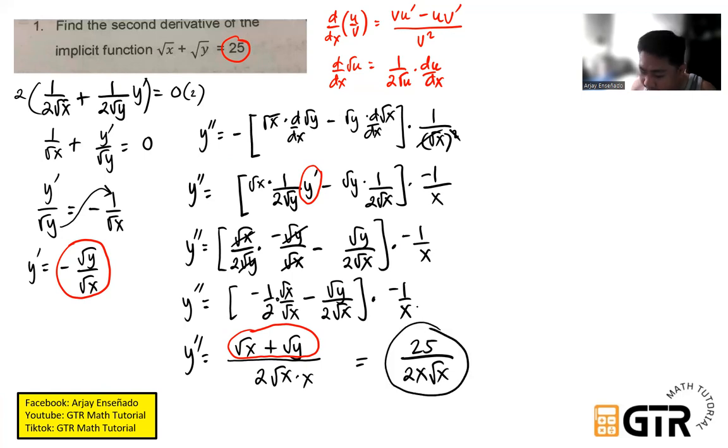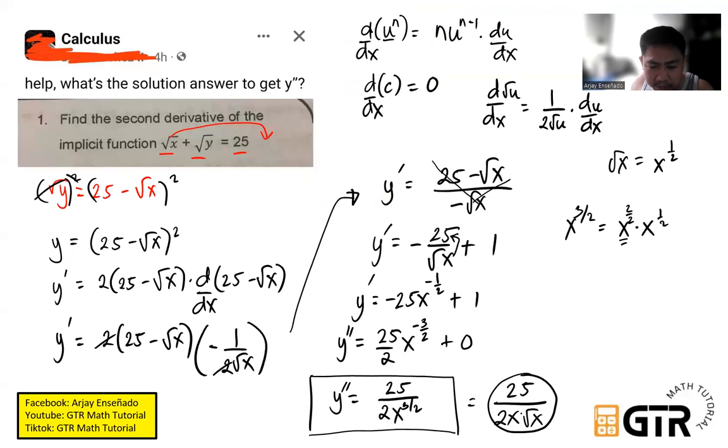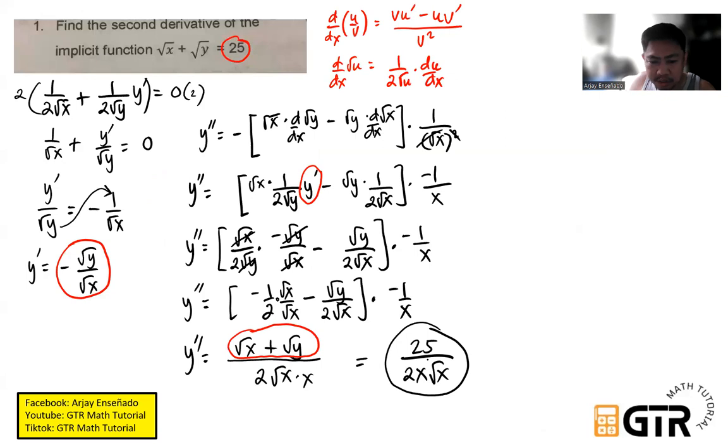This is the same as earlier using the explicit function: 25 over 2x square root of x, or in rational exponent form, this will be the answer. So we got the same answer, 25 over 2x square root of x, using both the explicit and implicit function.